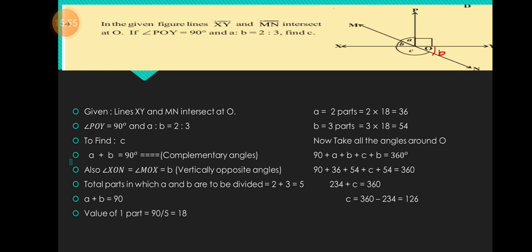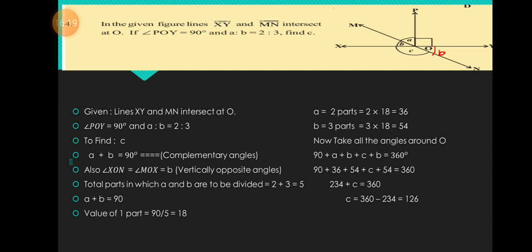How we are able to do this, children? See, these are all the angles 90, A, B, C, B are the angles around a point O. So write all the angles and add all the angles, and the sum is 360 degrees, and thus we get the value of angle C.